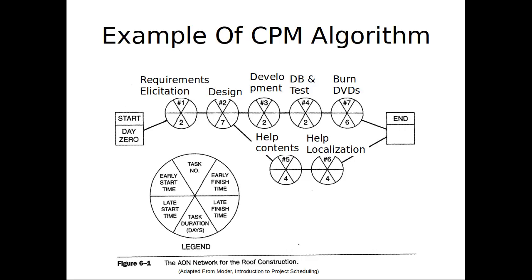Now, what does this mean in terms of the latest that these two can in fact finish without delaying the whole project? What's the latest that number 7 can finish without delaying the whole project? Without delaying the finish time? Yeah, that is being dictated by the longest path here, so it's 19.